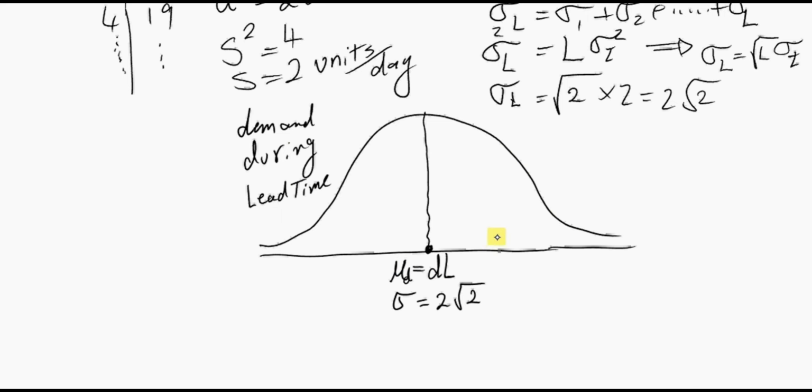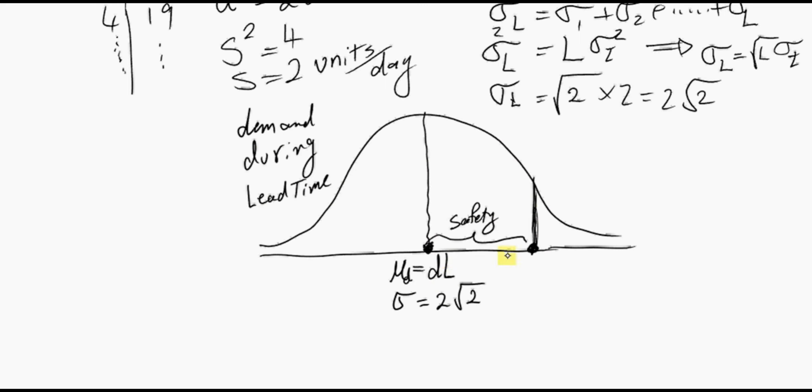So basically there is a 50% chance of cost of lost sales if we set our reorder point at DL. But if we set the reorder point a little higher and we consider this the safety stock, then the chance that the stock out will happen beyond that level, if the average is DL, would be much less.